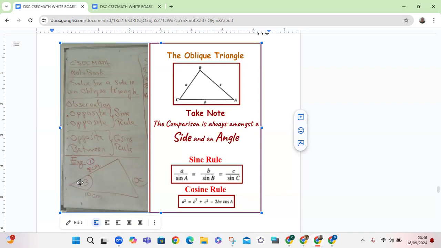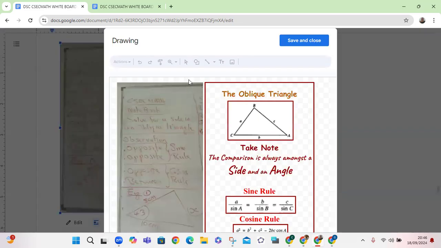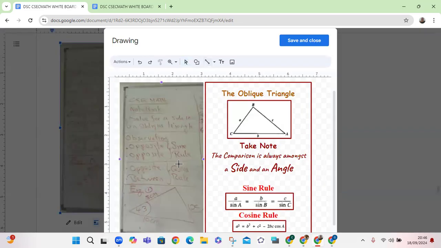X is opposite to 43. You can draw a line from X straight across to 43, or let's say an arrow. Once you can draw a line or an arrow from the side towards the angle, passing through the triangle, then you can mention the word opposite.